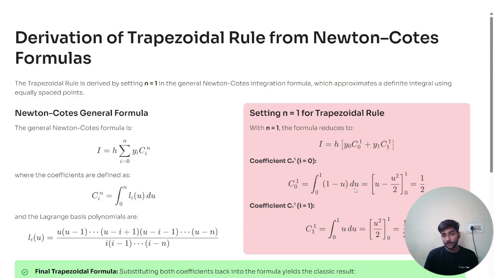Then 1 minus u into du. After this we integrate, and after integrating we get this.